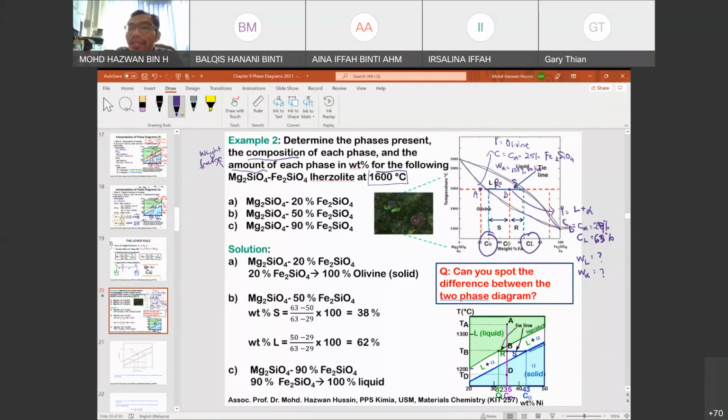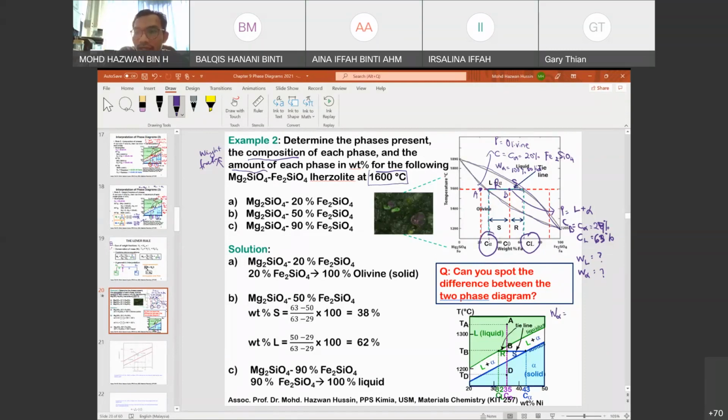Isalina, where is solid now? On the left side or the right side? Left. Okay. So to find solid, we have to look at the opposite line. Which line, R or S? Okay, solid is on this side, see? Olivine is solid, on the left side. So I told you earlier, if you want to calculate the weight fraction, you have to look at the opposite line.